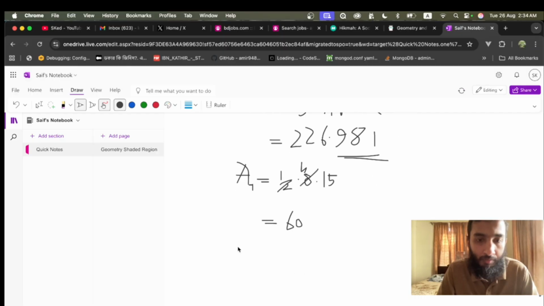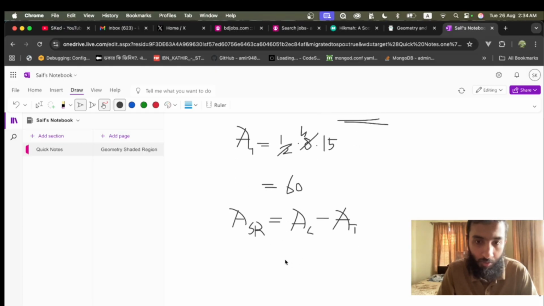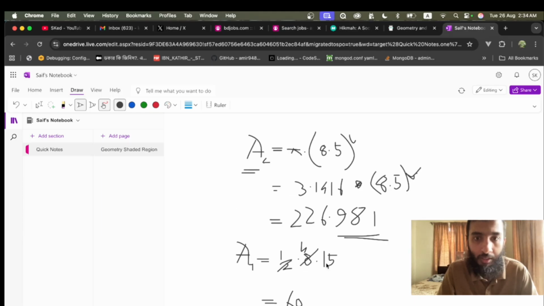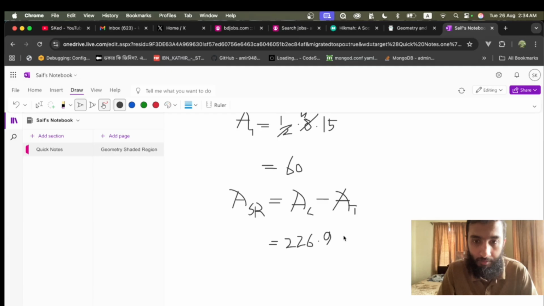So the area of the shaded region is the area of the circle minus the area of the triangle. The area of the circle is 226.981, minus 60.